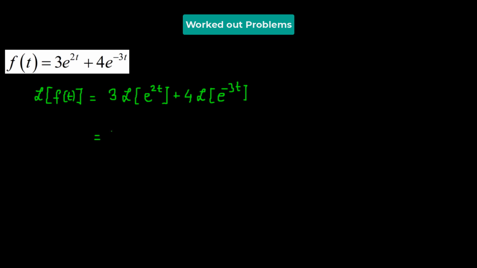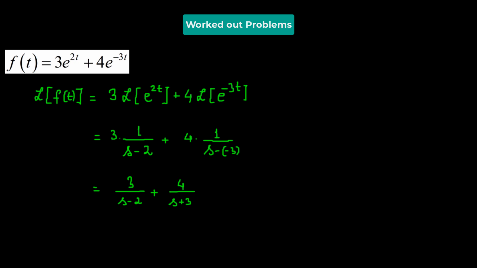That will be equal to 3 times 1 over s minus 2, plus 4 times 1 over s minus negative 3. So that will be equal to 3 over s minus 2 plus 4 divided by s plus 3. This is the Laplace transform of the given function.